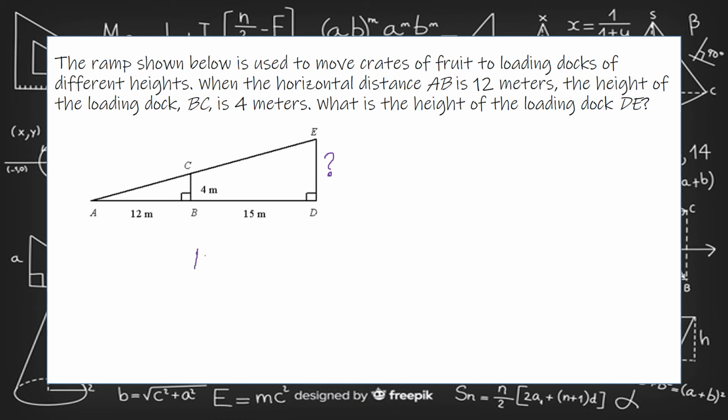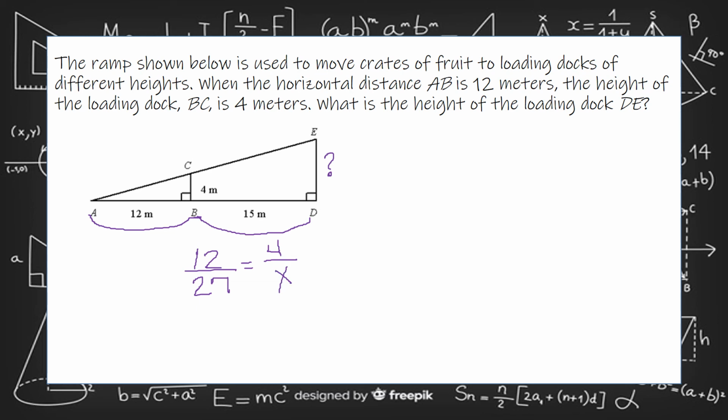So I'm going to put the small length is 12, that's A to B, over the big length. Now that's going to be from here to there. So 12 plus 15, that's 27, equals 4 over x, the small triangle over the big triangle.